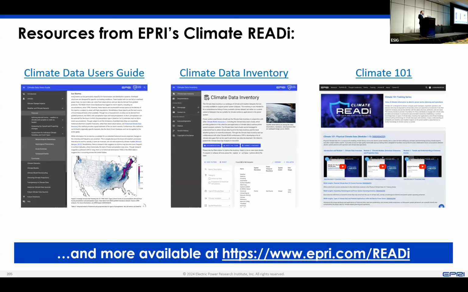And then the other one that's really great is Climate 101. Again, it's education about trying to get people up to speed on the power system side about some of these concepts, what they need to do, and how they can talk with the relevant researchers. So lots of stuff available at epri.com/ready, might be of interest to a lot of folks here.